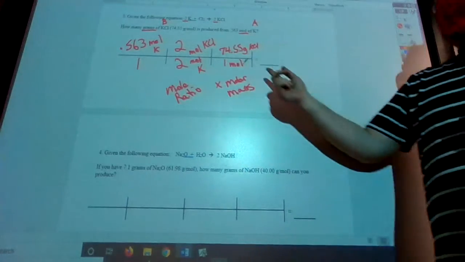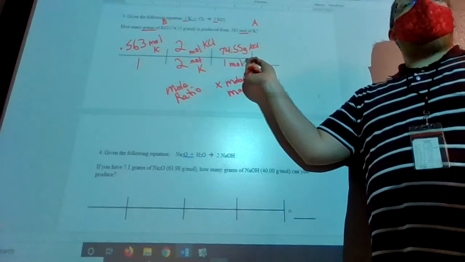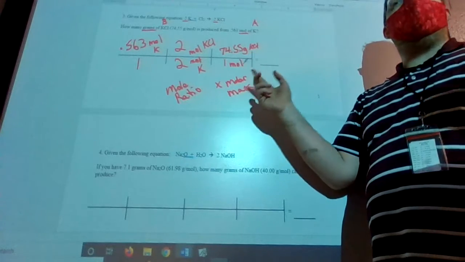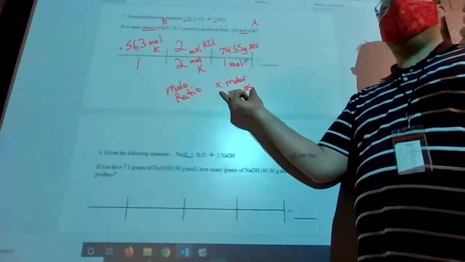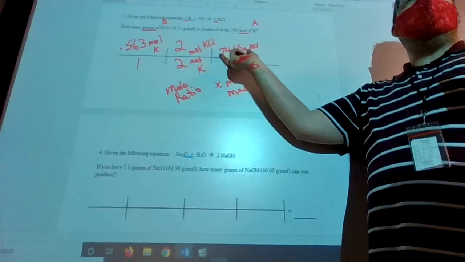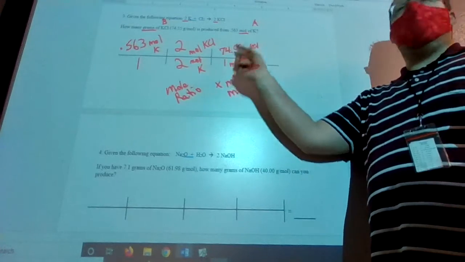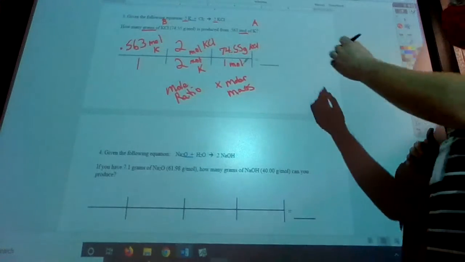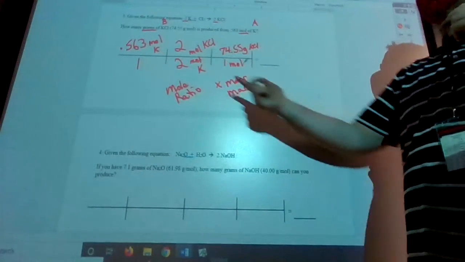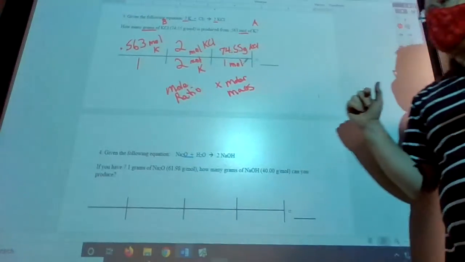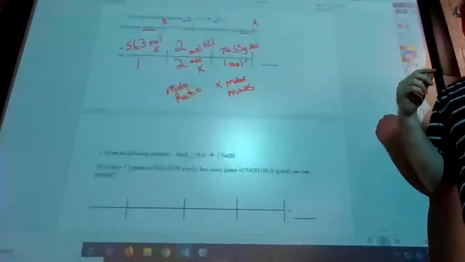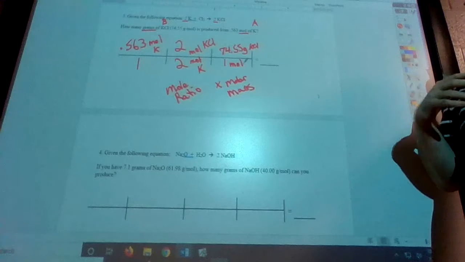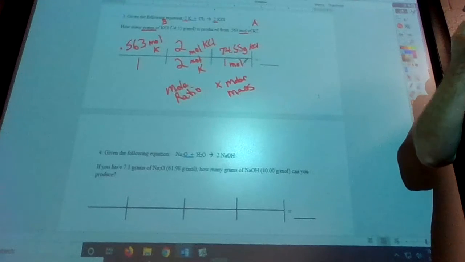And just so you know, I put the 74.55 on top of that fraction because I'm multiplying. If it had been a different problem and I needed to divide by my molar mass, I take that number and I put it on the bottom, and I put the 1 on top. So now I have it set up. I can make myself a little fraction here and do all my top math and my bottom math separately. But yeah, you're just going to do your math here, plug everything in, multiply and divide where you need to, and you should come out with your answer.